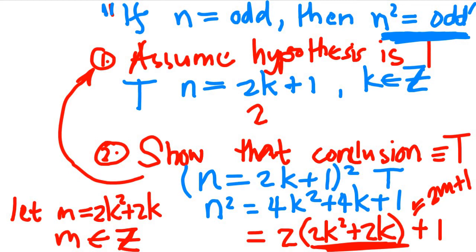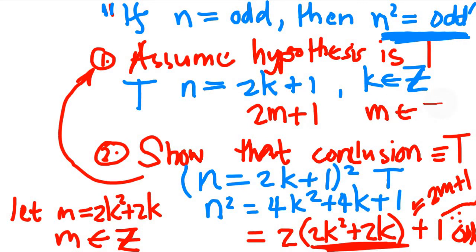You have 2 times an integer plus another integer. By closure, that is also an integer. So with this pattern now, 2m plus 1, we can conclude that this is an odd number. So therefore it's an odd number. And that's the direct proof for this, because n squared also ends up in a pattern 2m plus 1, where m is also an integer.